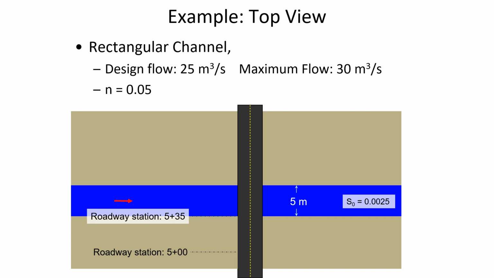If it's a rectangular channel, the crest length is just the same as the width of the channel. But if you had a trapezoidal channel, which is probably more likely in most natural locations, then let's look at the culvert from the front.